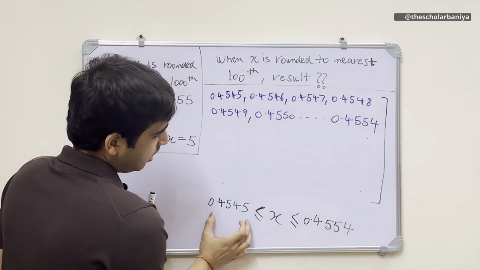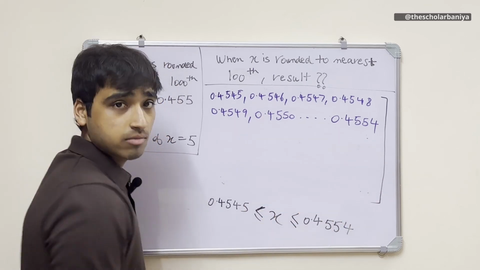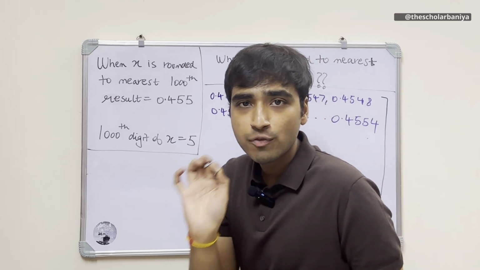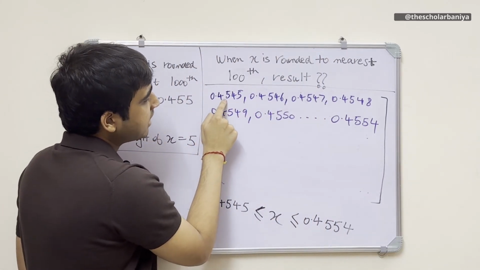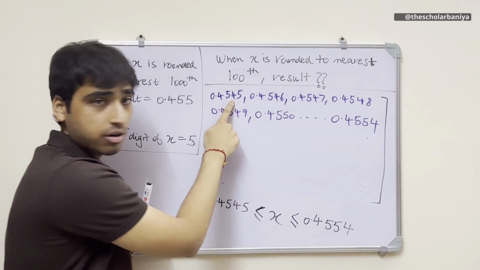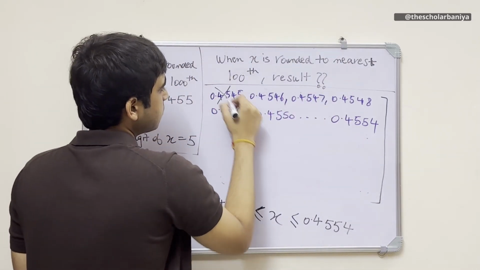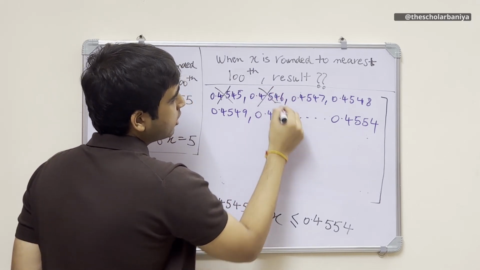I have just elaborated this, right? But we are given in the question that the thousandths digit of x is 5. So over here, if you see the thousandths digit, tenths, hundredths, thousandths, this is 4, but we are given 5. So this is not possible. What about this? Tenths, hundredths, thousandths, again 4, not possible.